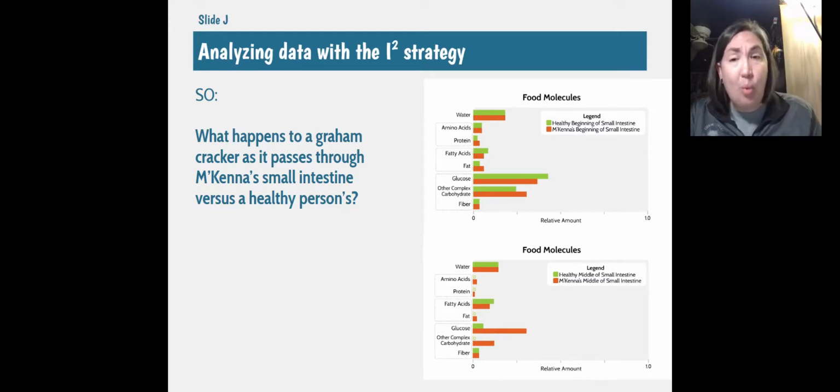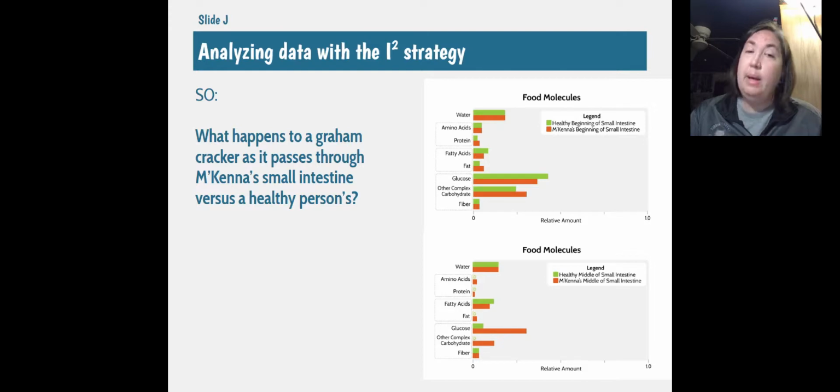So what does happen to a graham cracker as it passes through McKenna's small intestine versus a healthy person? It seems like a healthy person is showing a change in the amount of amino acids, the amount of proteins, and in the amount of glucose and complex carbohydrates for a healthy person.